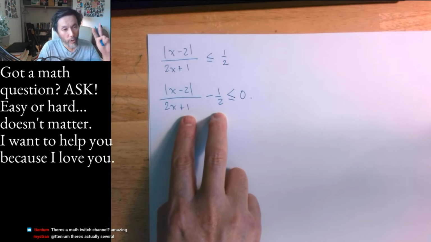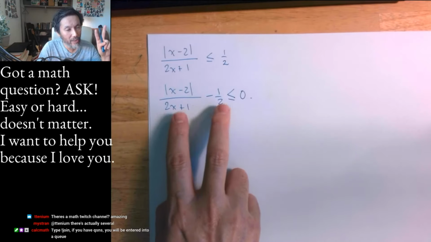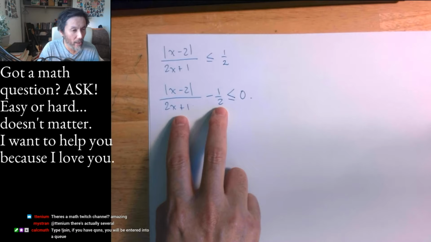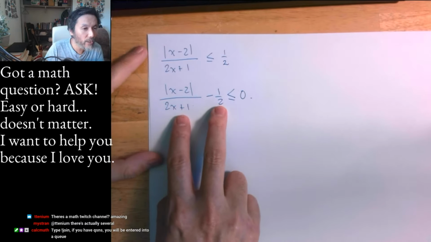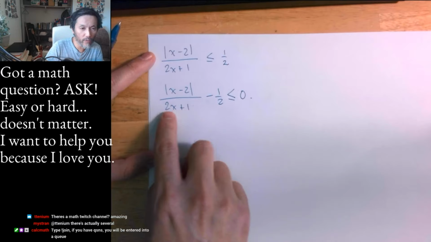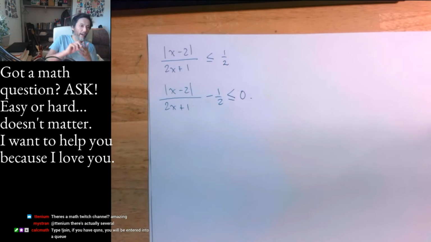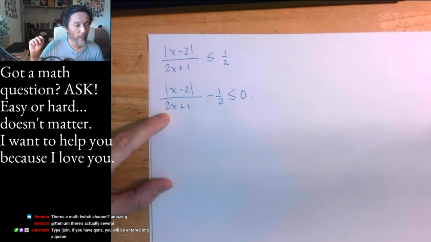So there's two types of places where this expression could possibly change sign. The reason why there are only two types is because this expression here is continuous on its domain. What I mean is that, with the exception of places where this function is not defined, you can draw the graph of this thing without lifting up your pen.